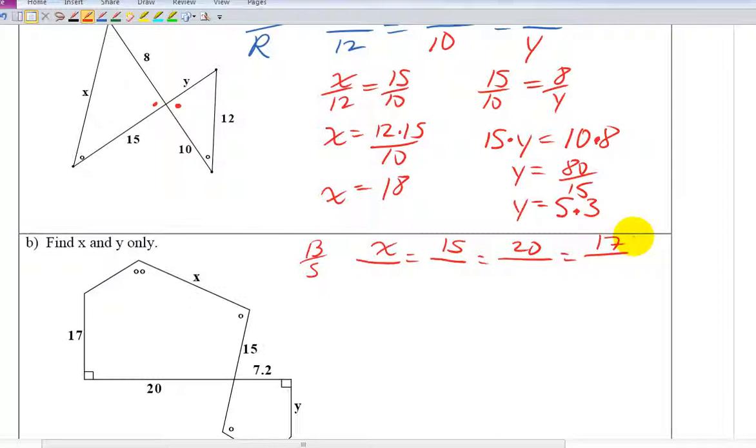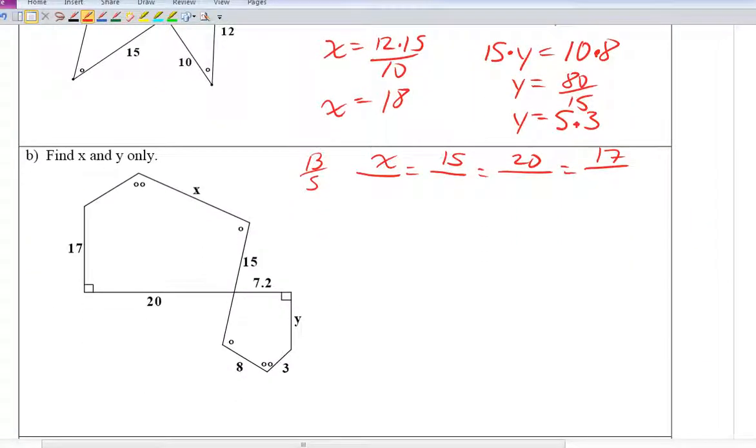You go ahead, match it up, find your missing side, see what you can do. Okay, so what goes underneath x? 8 underneath 15? No, yeah, we don't know. Okay. Underneath 20? 7.2. And underneath 17? Y.